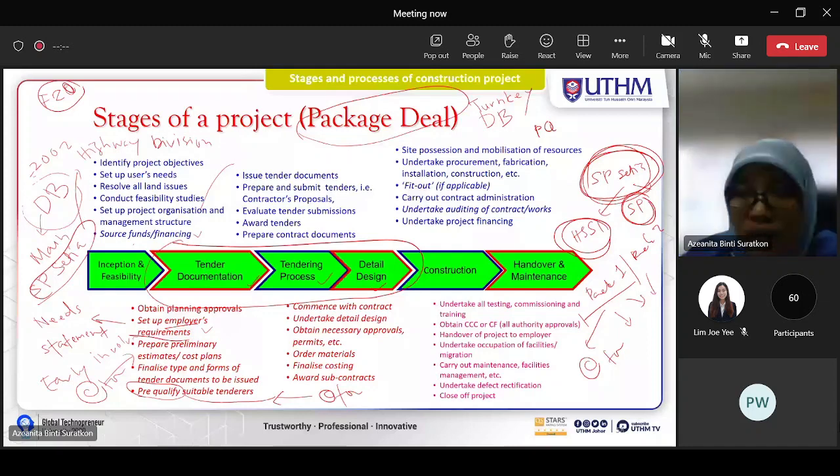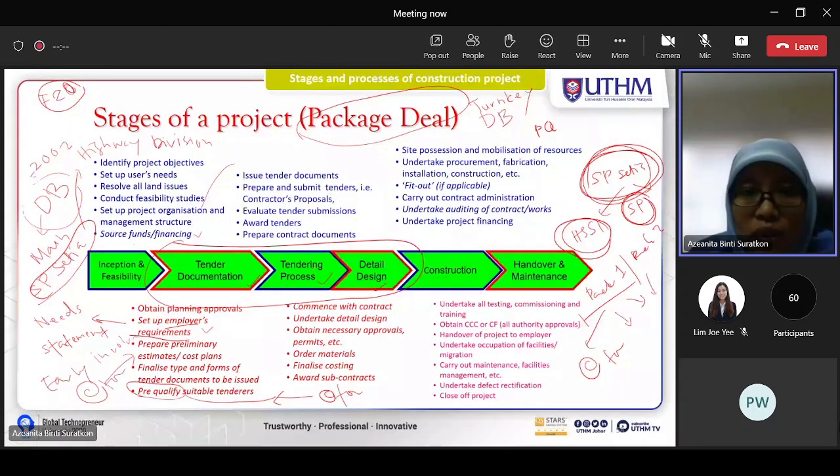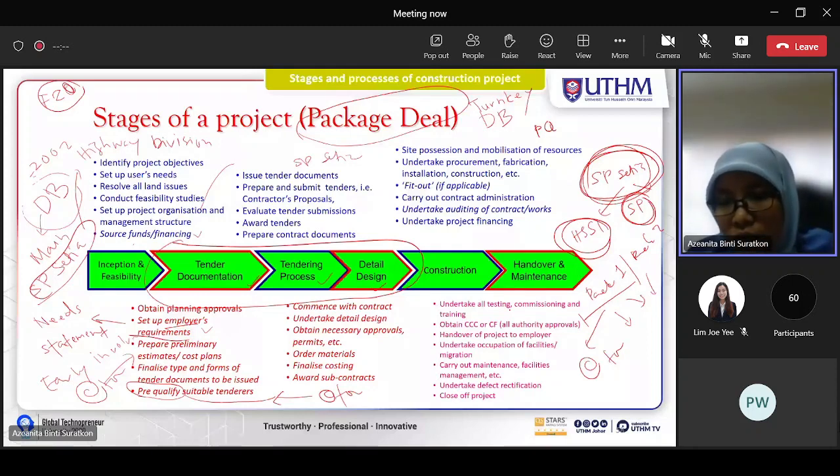Next stage, tendering process, issue tender documents. SP Setia calls for other contractors as subcontractors to bid for the project. They divide the project into a few work packages, maybe earthwork, road signage, traffic management, and so on.